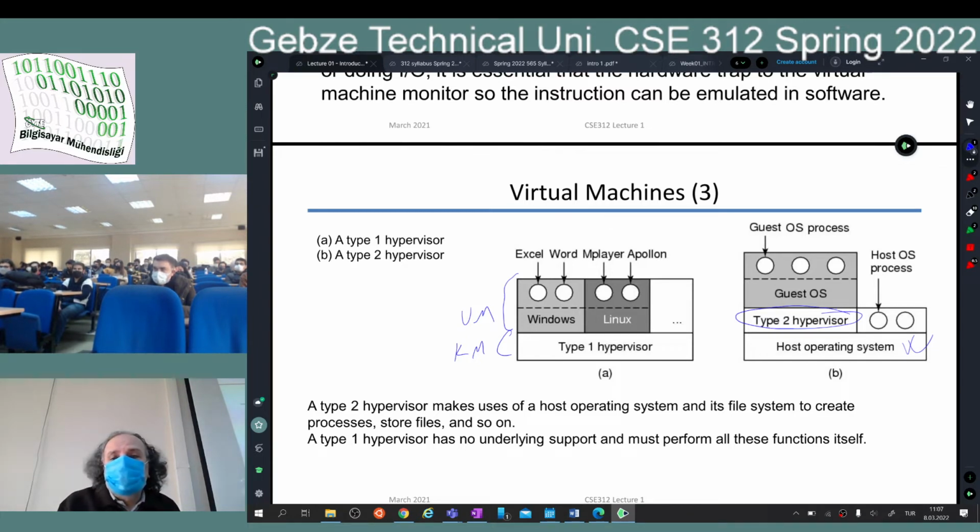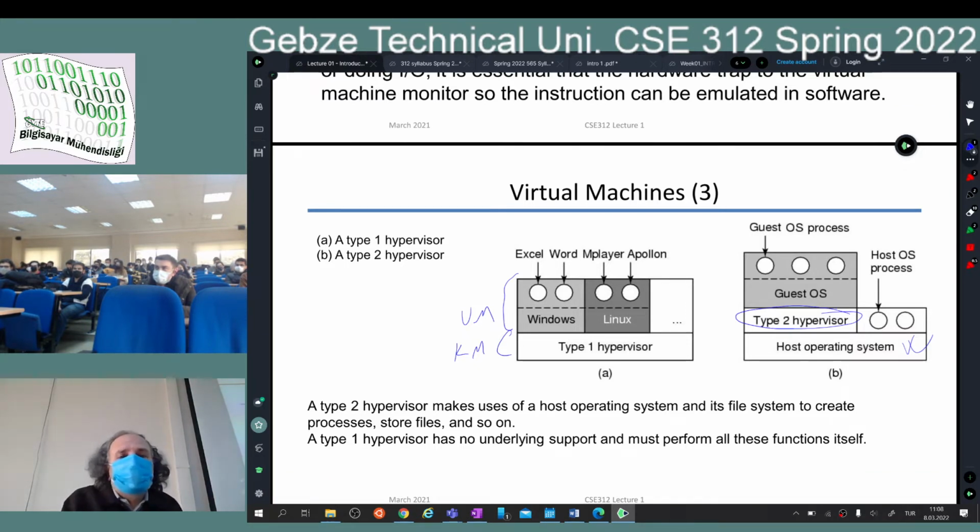Obviously, this is a special process. It needs to use some of the CPU's virtualization features. So you install this process as a special process and give it some privileges. Otherwise, it wouldn't work.